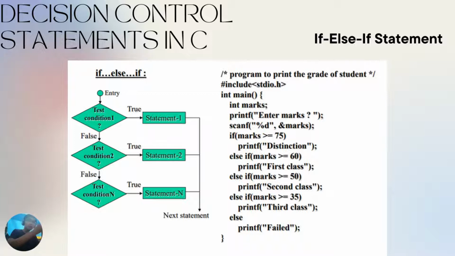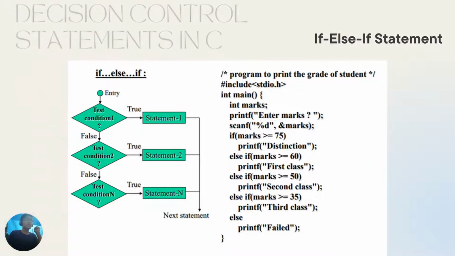If the expression is not evaluated as true, then the second option would be else if, then another else if, and so on until you give else. So else is like a stopping point for these decision structures. By this slide, we have completed and have brief knowledge about decision control statements in C.